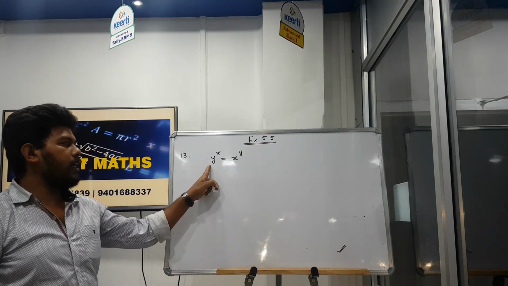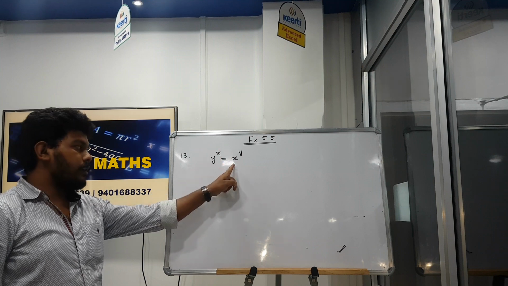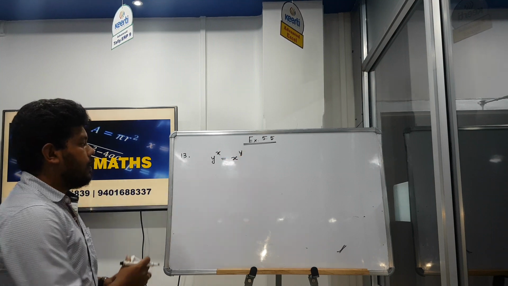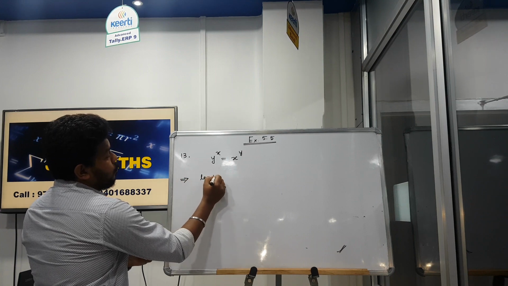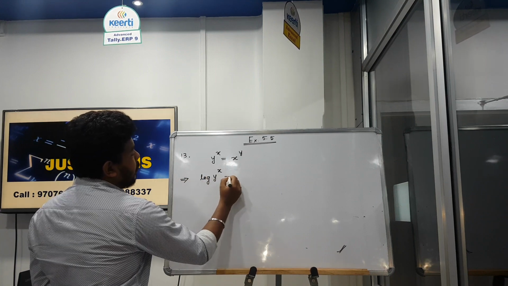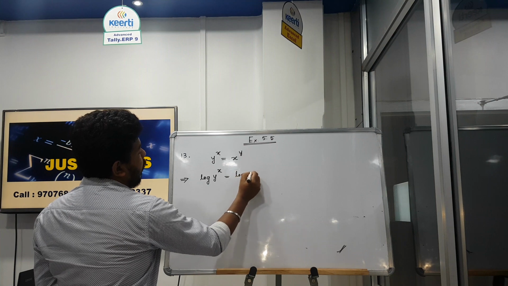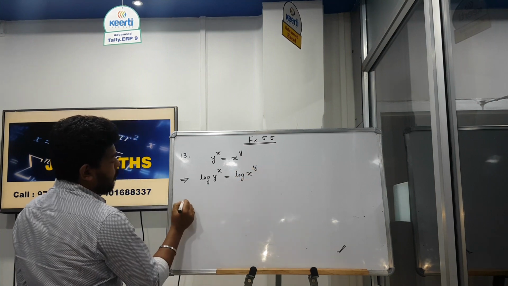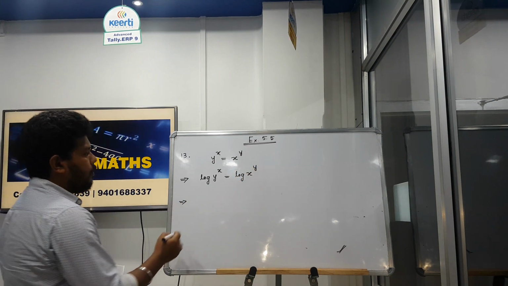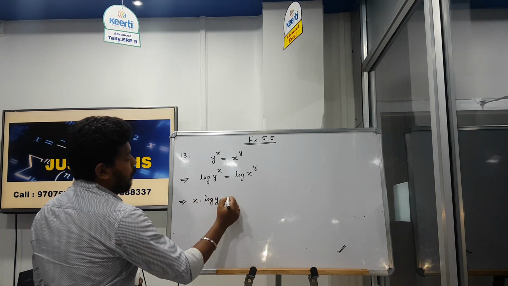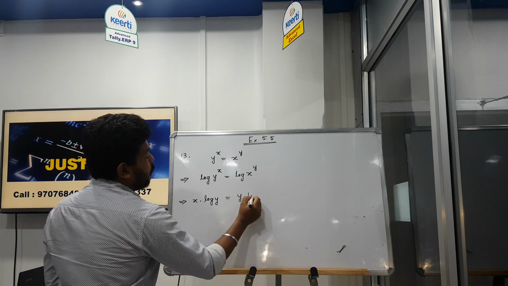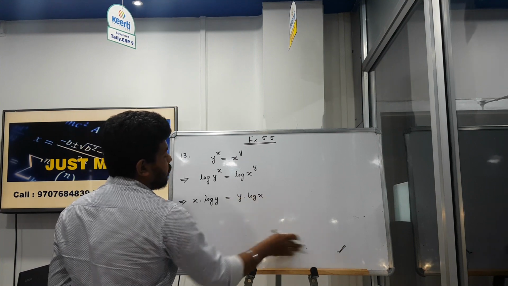Again, y is a variable, x is another variable. Take log on both sides. Log of y to the power x is equal to log of x to the power y. Take log, it will be x into log y is equal to y into log x.